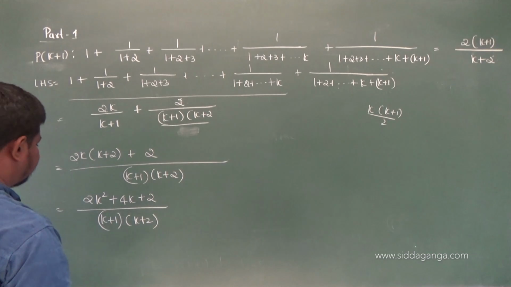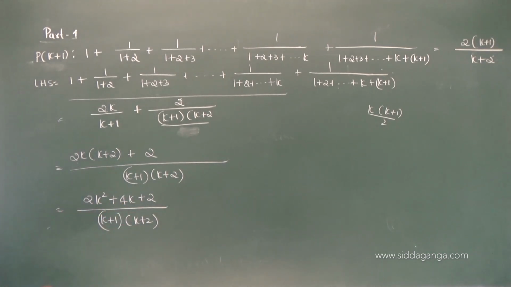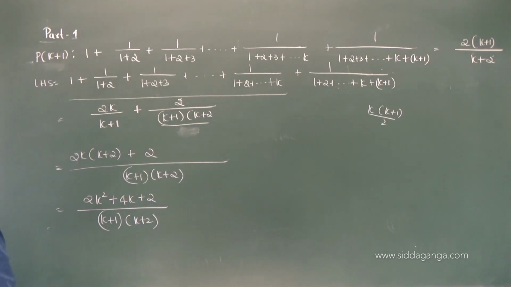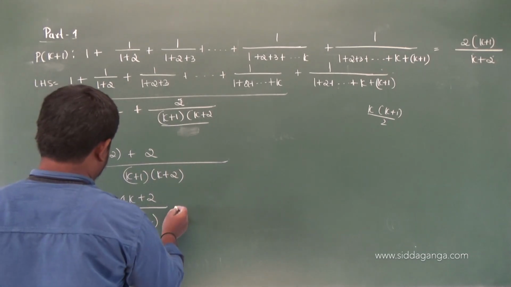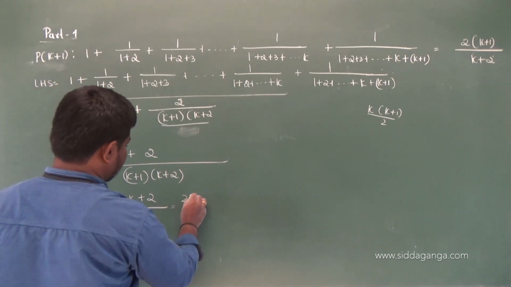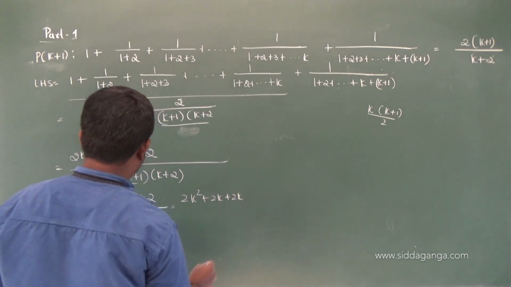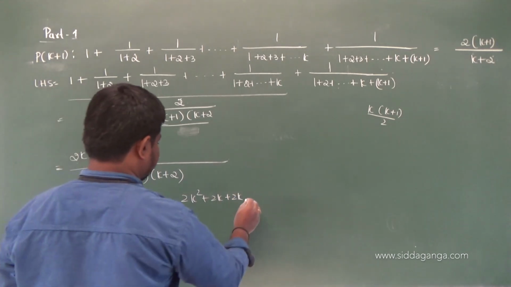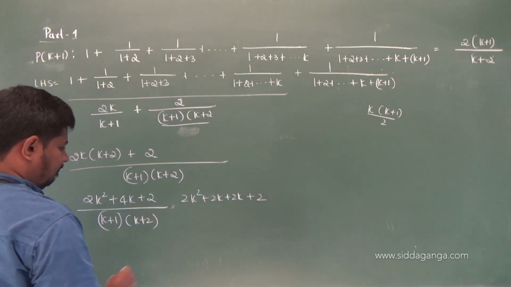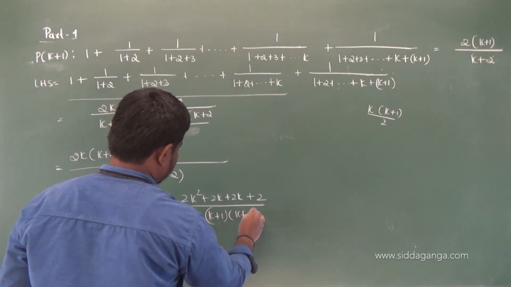So you get 2k square plus 2k plus 2k plus 2, right, by k plus 1 into k plus 2.